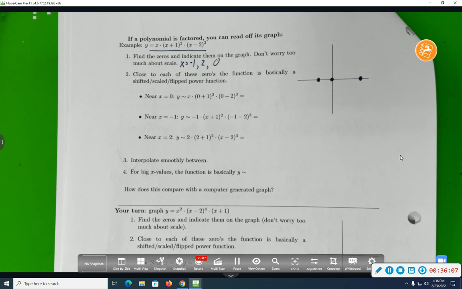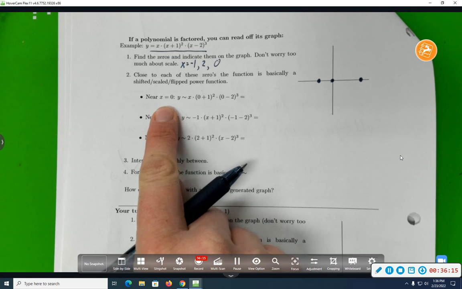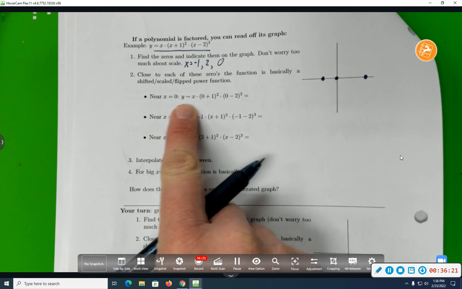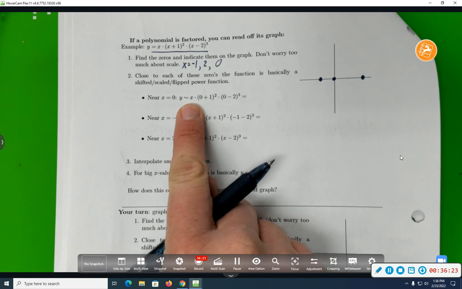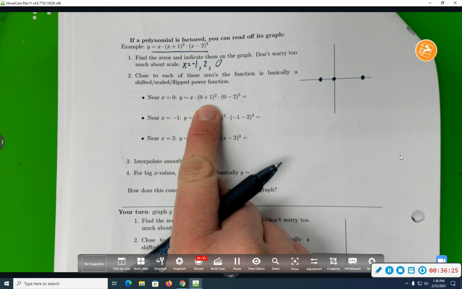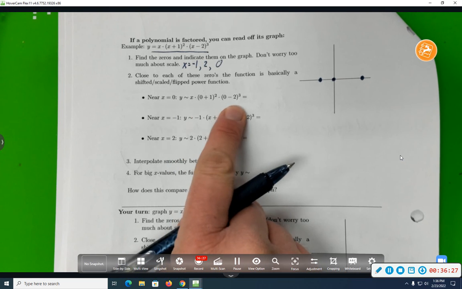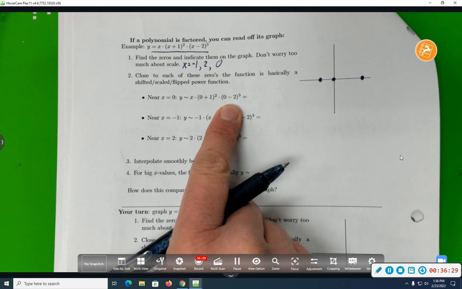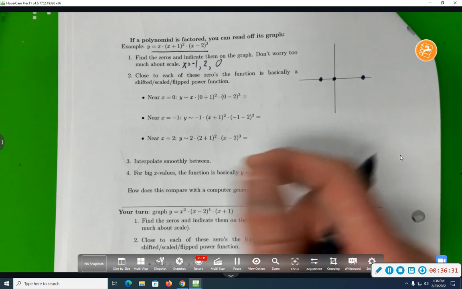So let's check the behavior of this polynomial near each of those zeros. Close to x equals 0, I'll remember the factor that gave me the 0 at 0. So that's the x. This polynomial is close to x times, plug in 0 for the rest of the x's, x plus 1 squared times 0 minus 2 cubed, and let's just expand that out.